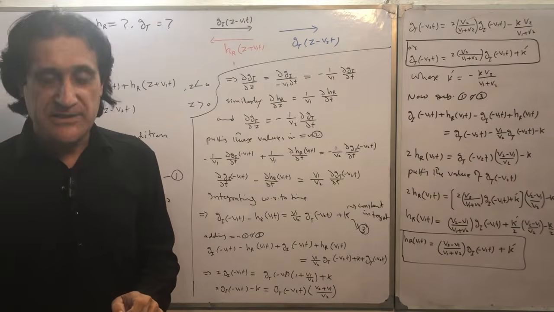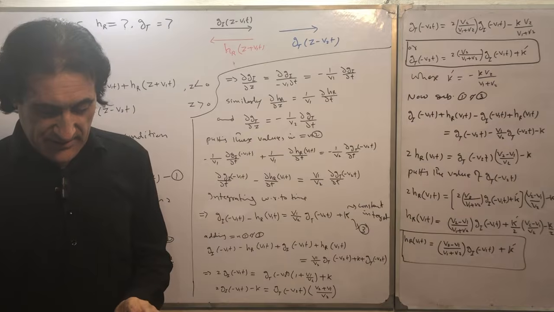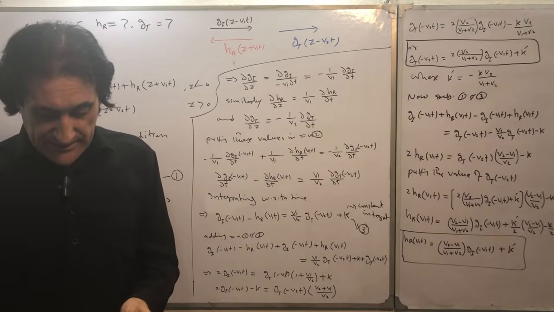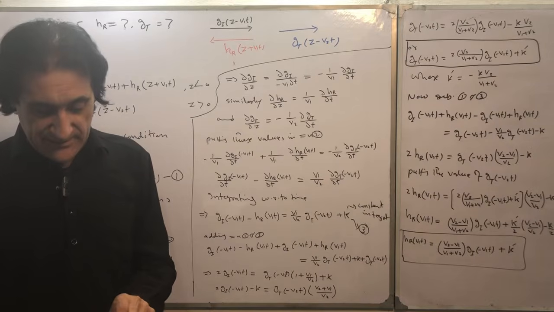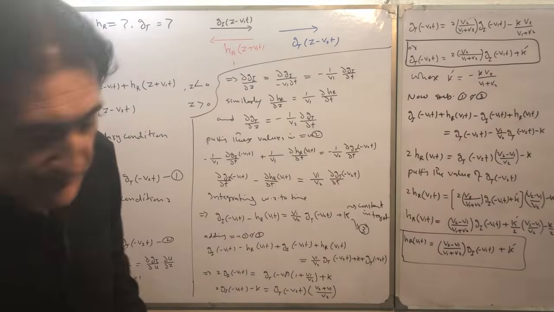Imposing the boundary conditions, there are two boundary conditions. I will show here, and then find the reflection coefficient and transmission coefficient, HR and GT.